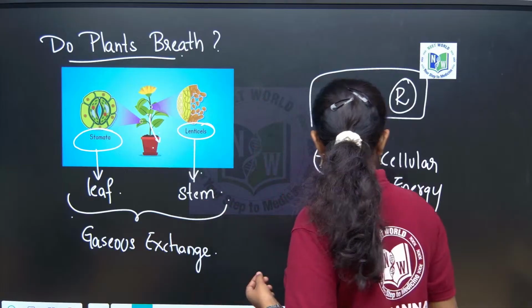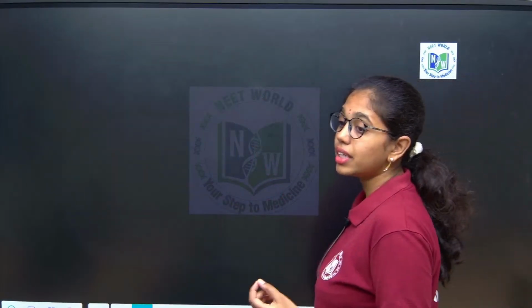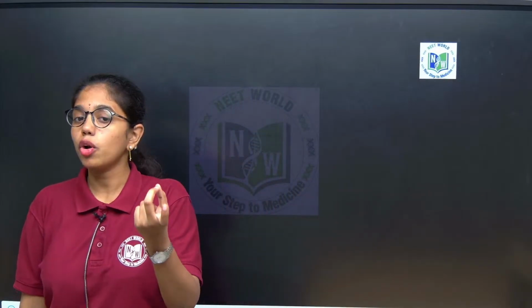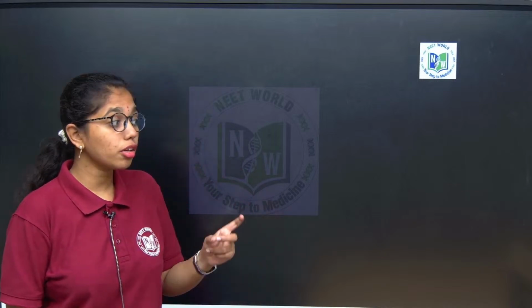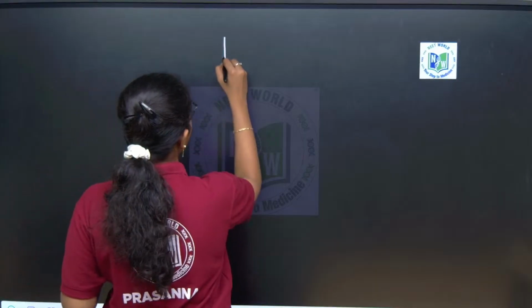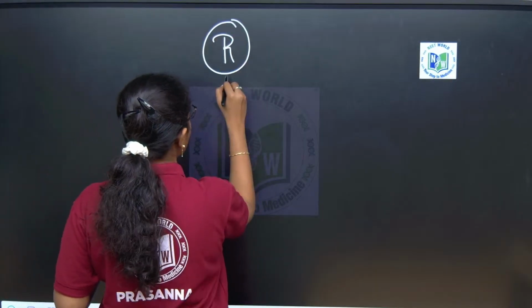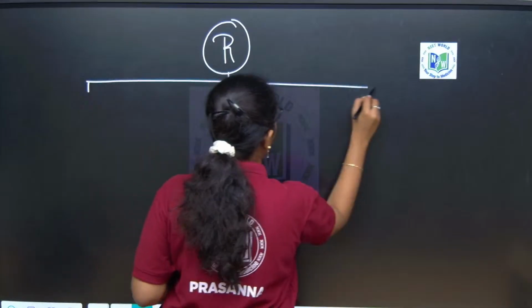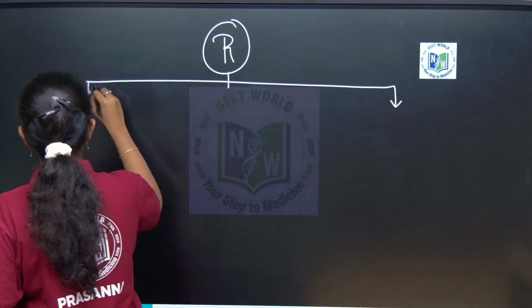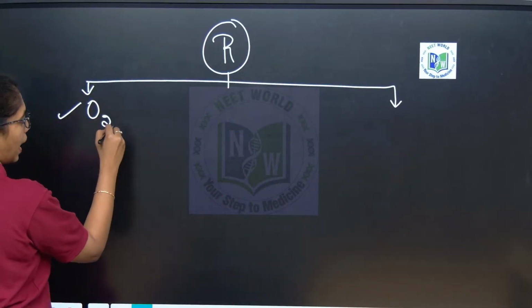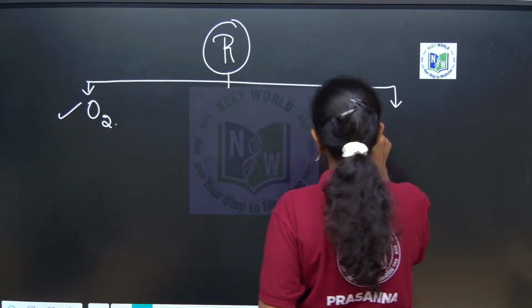Sucrose. Now, we will see how respiration takes place in plants first, and then how anaerobic respiration also takes place. How oxidation of macromolecules occurs in different cells, we will look into. Respiration occurs in two ways: one in the presence of oxygen, and one in the absence of oxygen.